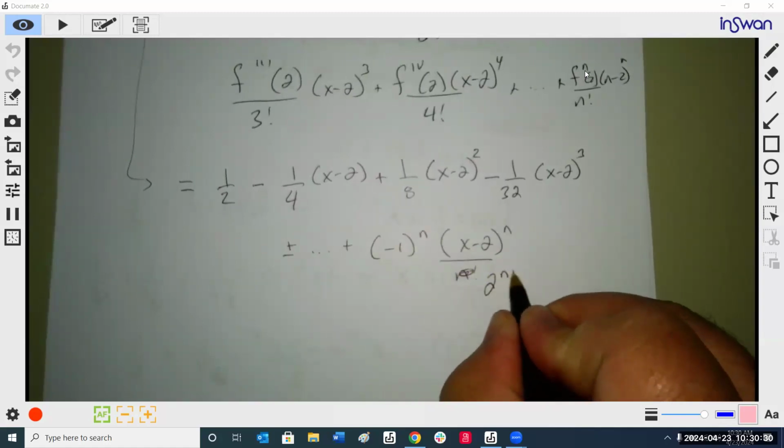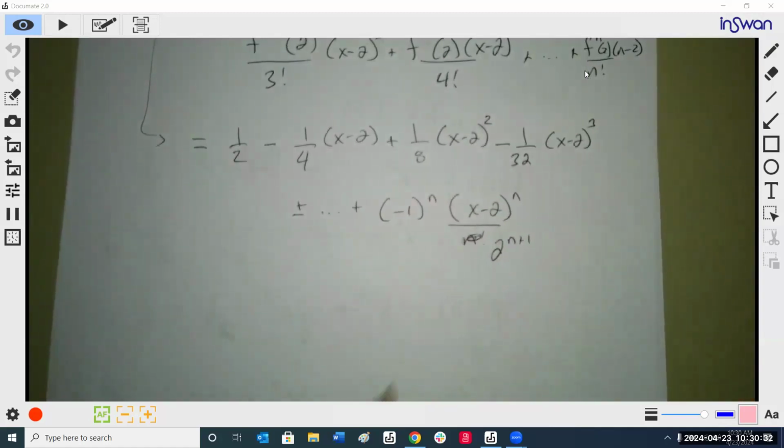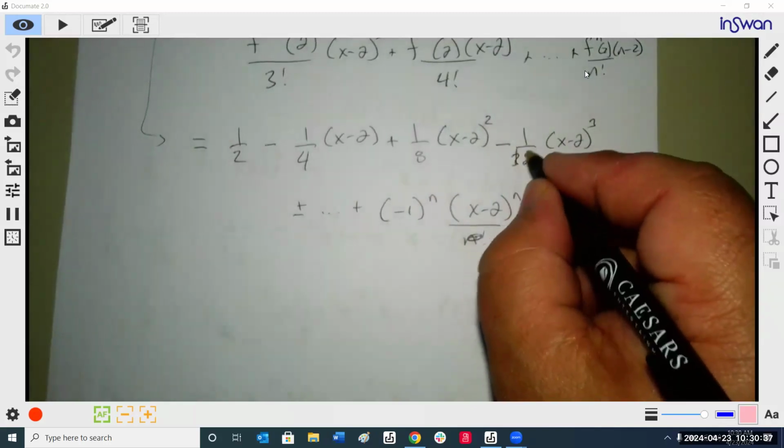This is 2 to the n plus 1 on the bottom. It's always doubling. This one, 16.